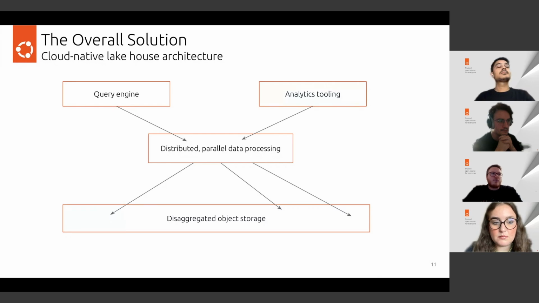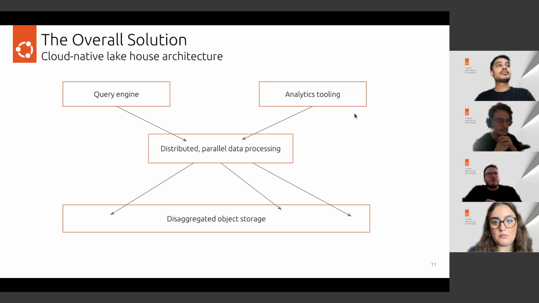On top of it, we may need a framework to process, both to ingest and consume those data in a fast way. In order to do so, we need a distributed and parallel processing framework that is able to handle massive volumes of data. On top of it, we also need a way to query those data in a structured format, and then also to analyze those data with modern analytics tools.